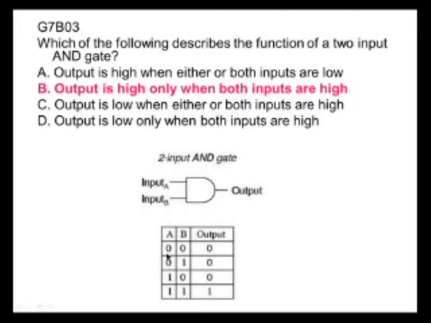So the truth table, if A is 0 and B is 0, the output's 0. If A is 0 and B is 1, the output is 0. If A is 1 and B is 0, the output is 0. And if you have A and B, that's why it's called an AND gate, A and B, then the output will be high or be 1. Okay? So an AND gate, the output is high only when both inputs are high.